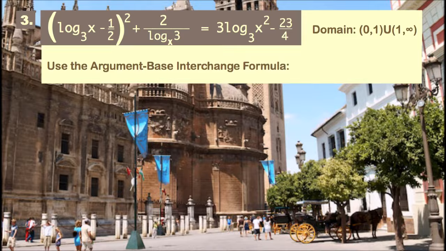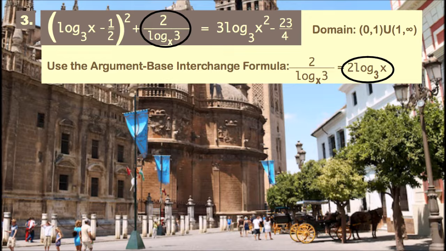Then we want to use the argument base interchange formula. 2 over log base x of 3 is equal to 2 log base 3 of x. How did this happen, you might ask? Well, by interchanging the argument and the base, we got the reciprocal.